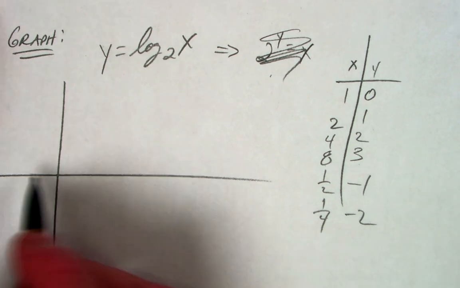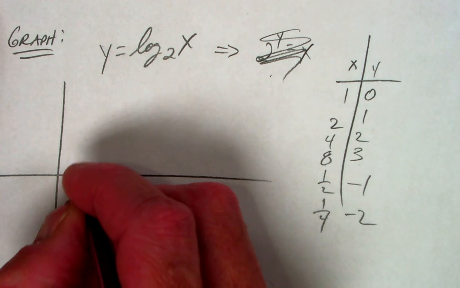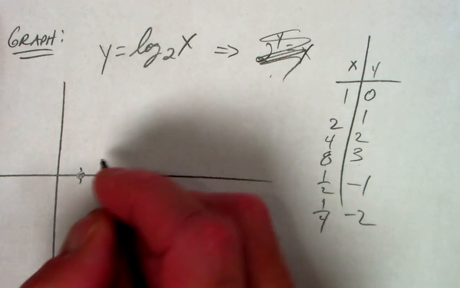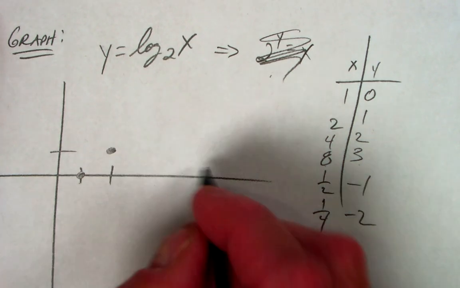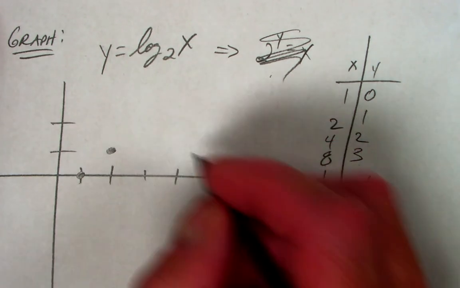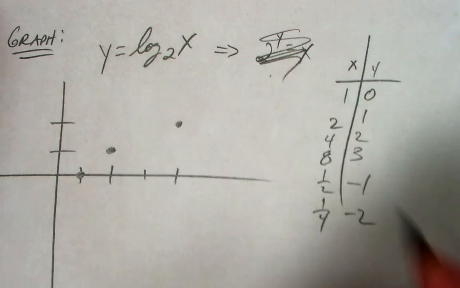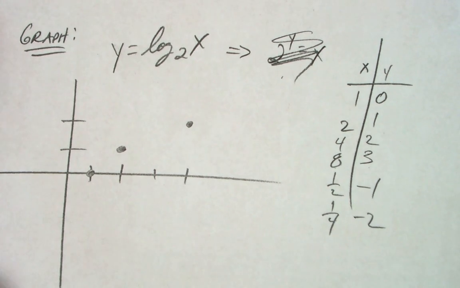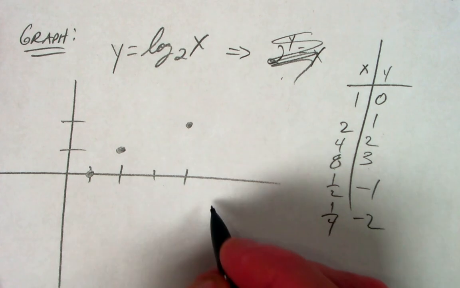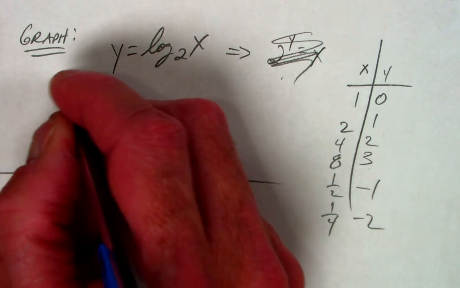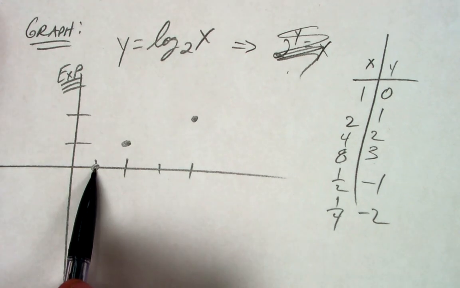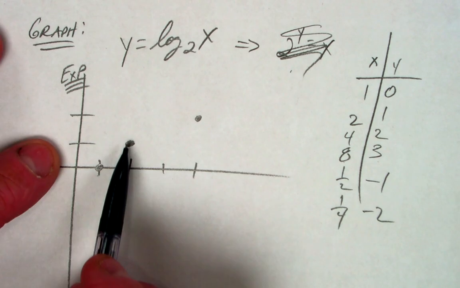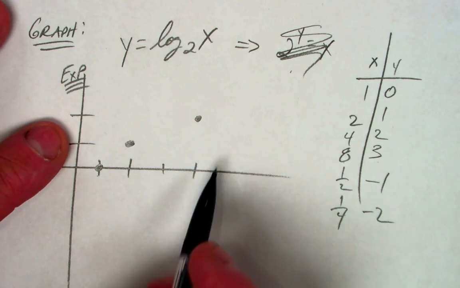So then we're going to have a graph that looks like this. 1, 0. 2, 1. Next one I know. 4. So let's stop right here for a second. I'm graphing all the points I know the log base 2 of, and this is my exponent that got me there. 1 would be 2 to the 0. 2 would be 2 to the first. 4 would be 2 to the second.